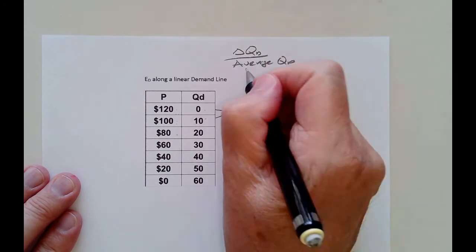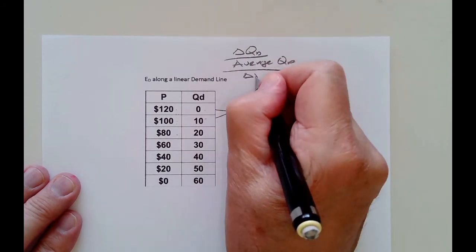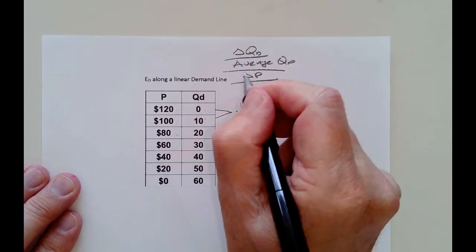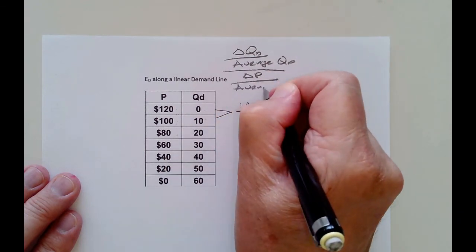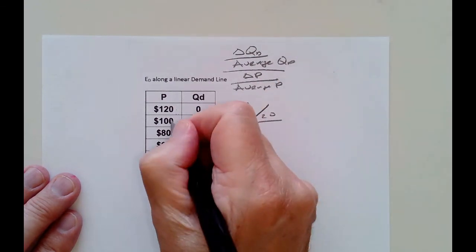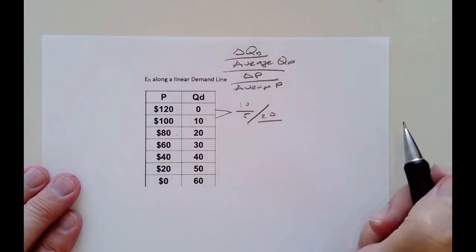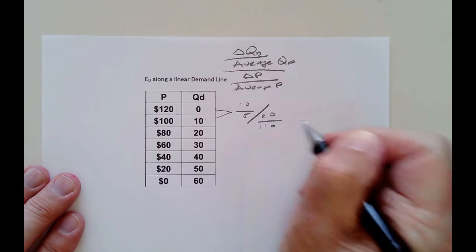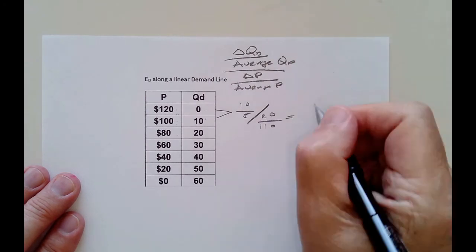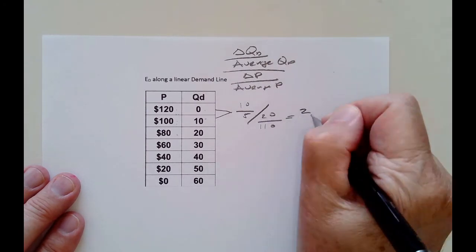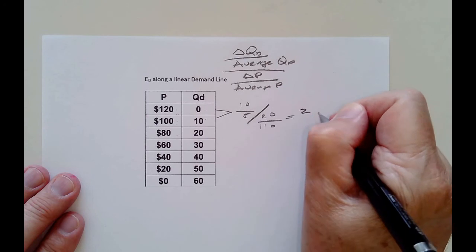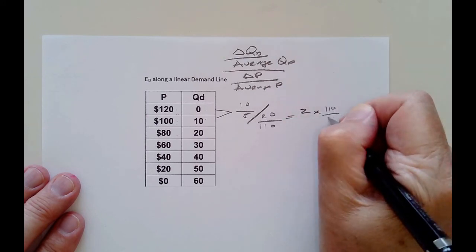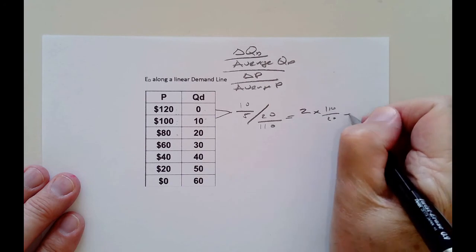And divide that by the change in the price, which is 20, over the average price, which would be 100 and 120 added together, and divide by 2, right smack in the middle, would be 110. And so 10 over 5 is 2. And then we can times by the reciprocal of that, 110 over 20, and that comes up to 11.